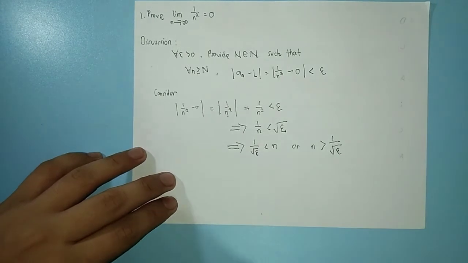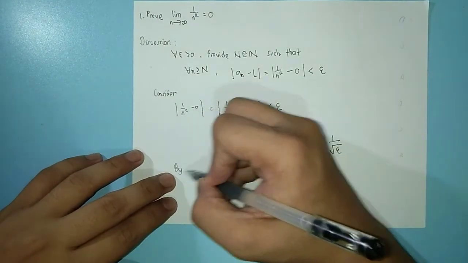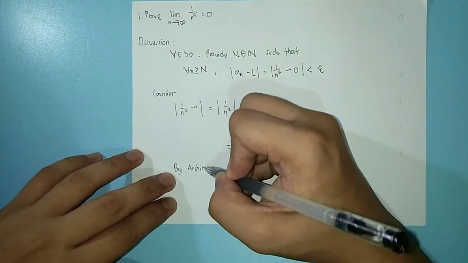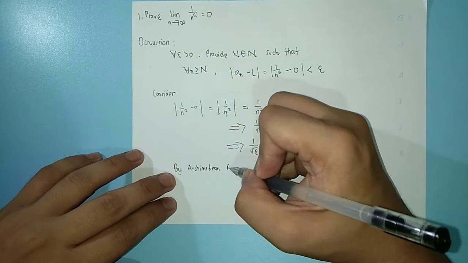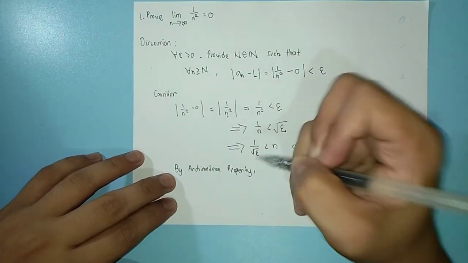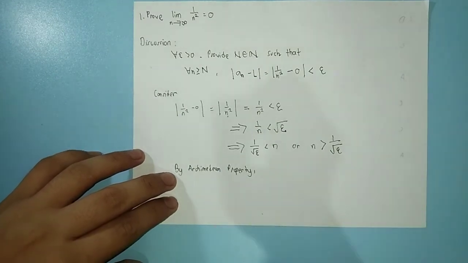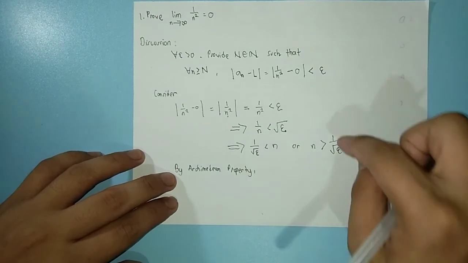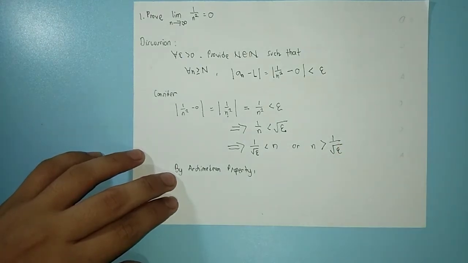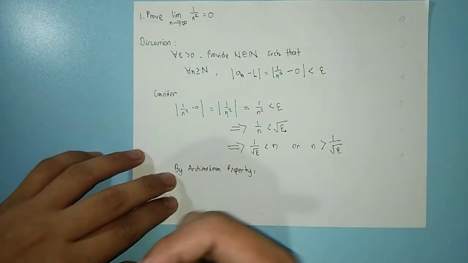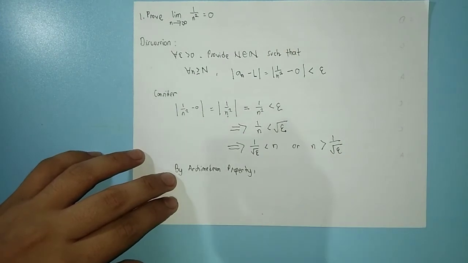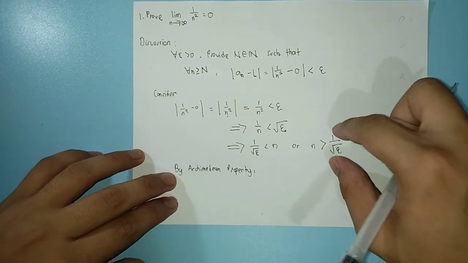Okay? So, by Archimedean property, kung naalala nyo yung Archimedean property, ang sabi doon, for any real number, palaging may natural number na mas mataas sa kanya. Since 1 over square root of epsilon is a real number, makakahanap tayo ng natural number na mas mataas dito.